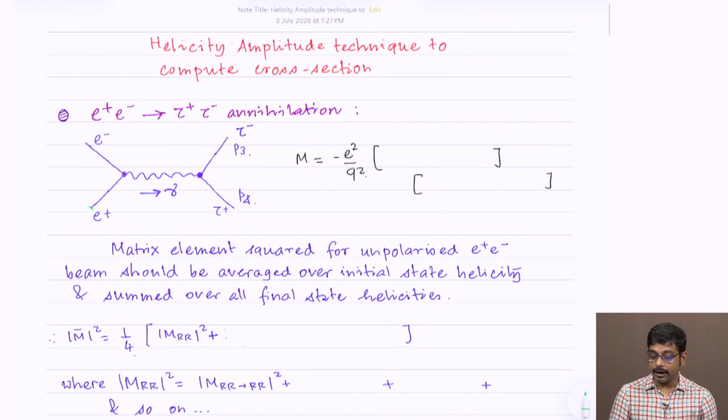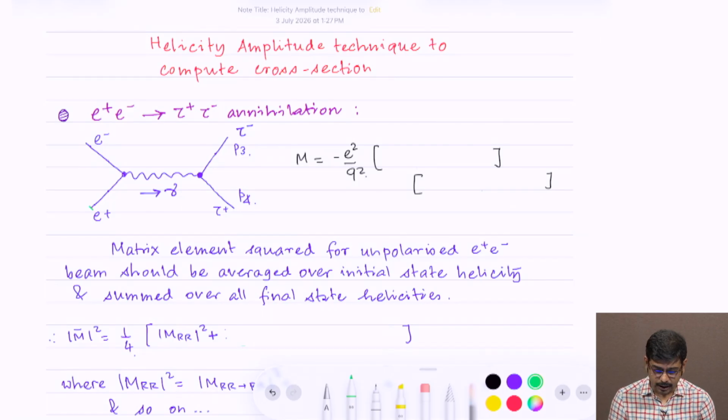So let's go back to the process which we discussed, e plus e minus going to tau plus tau minus annihilation. We imposed that whenever the center of mass energy of the reaction is sufficiently large, the masses of the particles involved don't really matter, whether it is e plus e minus to mu plus mu minus or e plus e minus to tau plus tau minus.